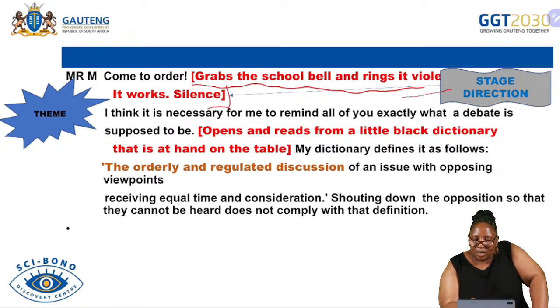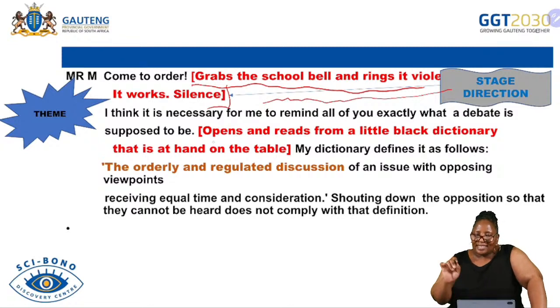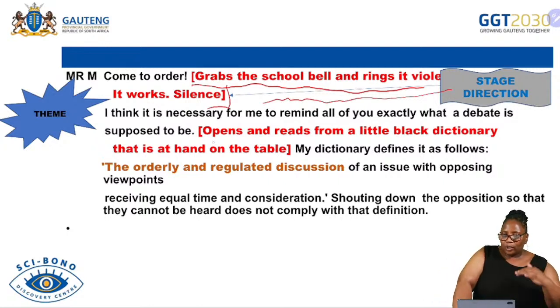That is what we call stage direction. Another example of stage direction there: opens and reads from a legal black dictionary that is at hand on the table. So the playwright or the author indicates to us readers what Mr. M is doing. It's an action that is taking place on stage.